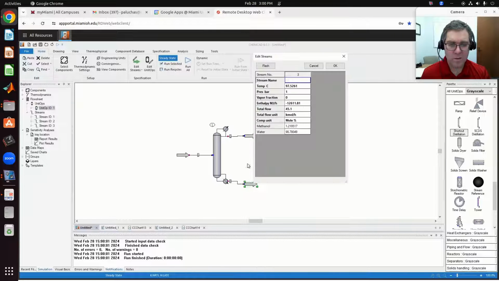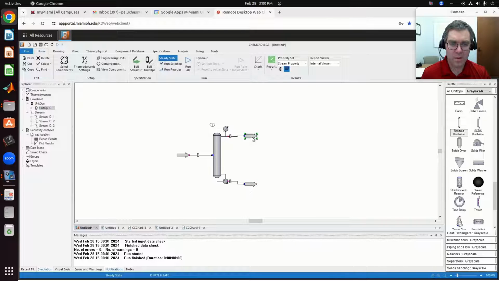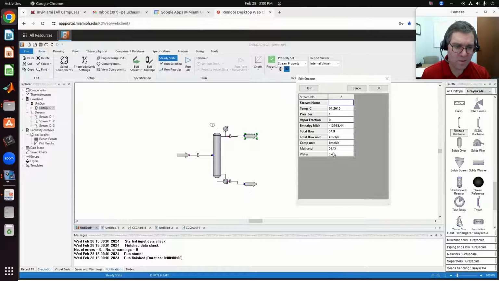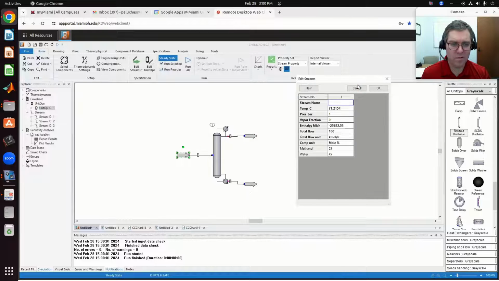So what I have coming out the bottom is a stream which is 99% water. I think that's where that heavy key split is. And then coming out the top, essentially, it's 54.45% methanol, and that is right when the feed is 55 mole percent.